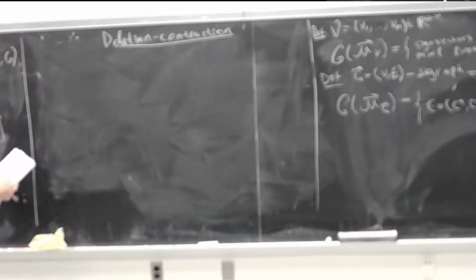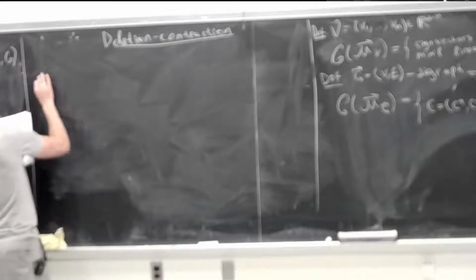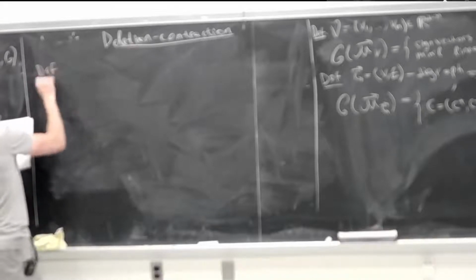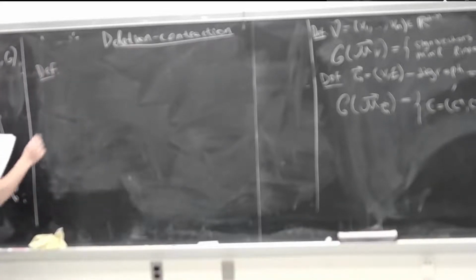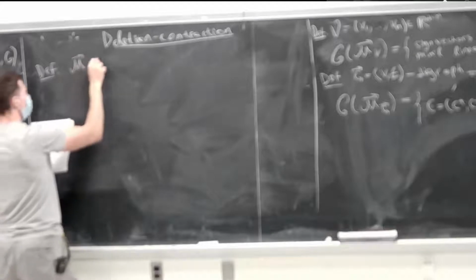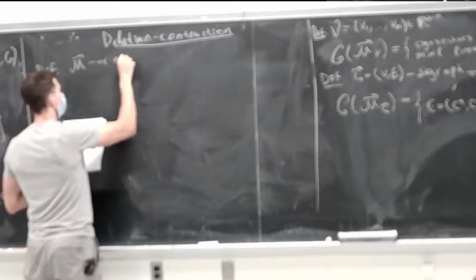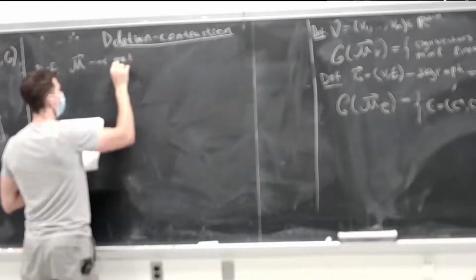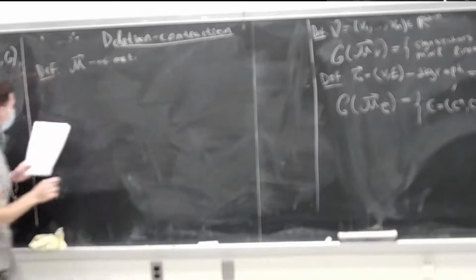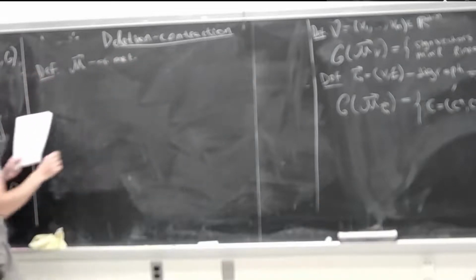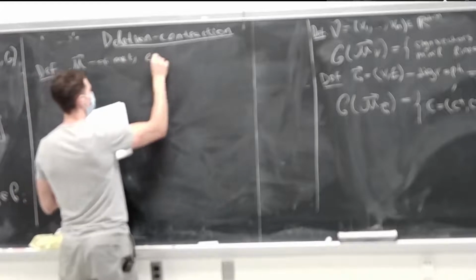Here, let's try using circuits. Let's say you start with an oriented matroid. And then I want to choose an element of the ground set.